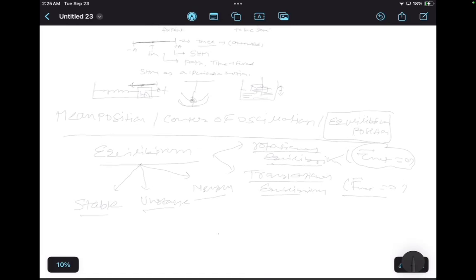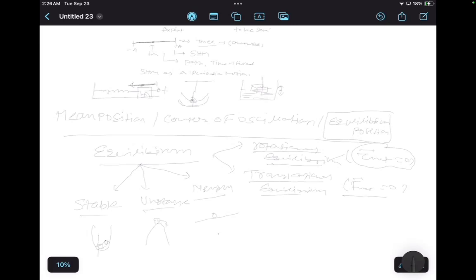But in every state, the particle is not going to perform oscillatory motion. If you plot the stable equilibrium, the curve looks something like this. The unstable equilibrium curve looks like this, and neutral equilibrium like this. Suppose you leave the particle from this position: in stable equilibrium, if you throw the particle, it is going to come back to the mean position.